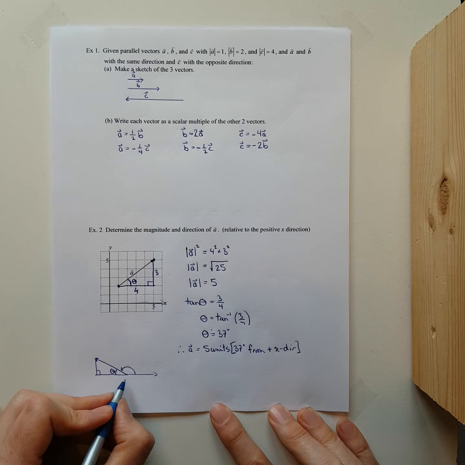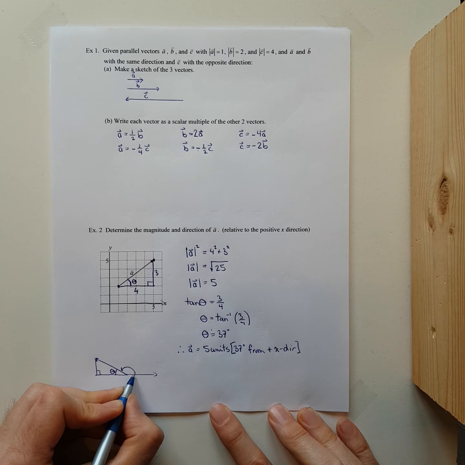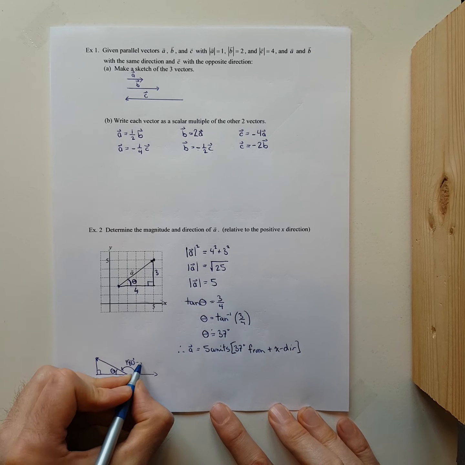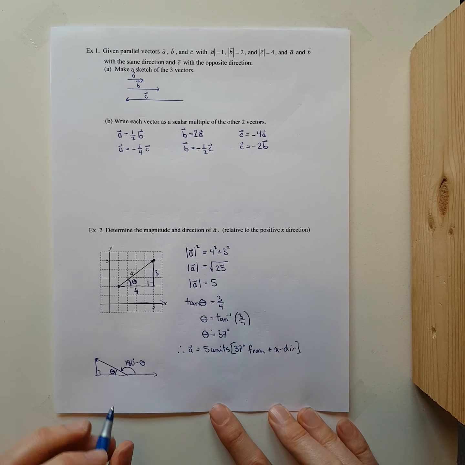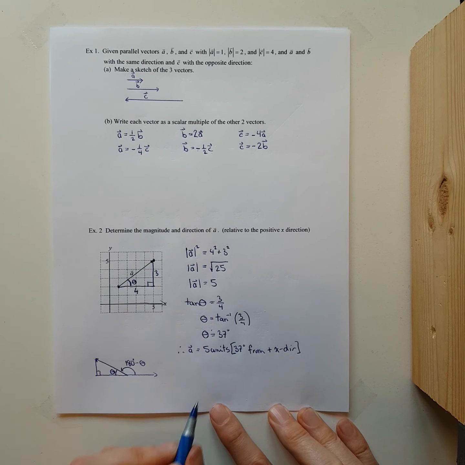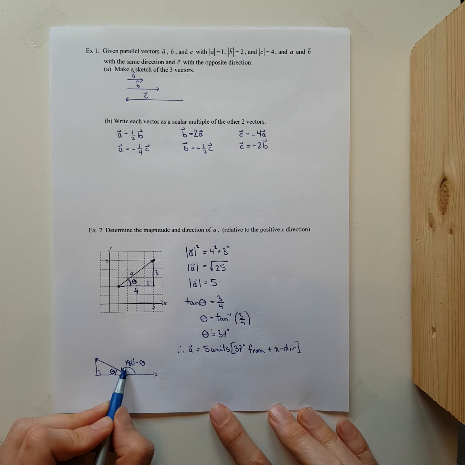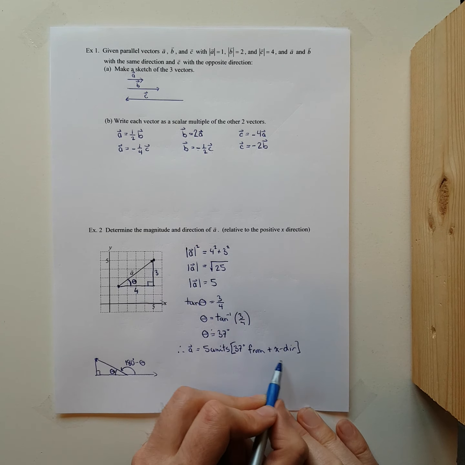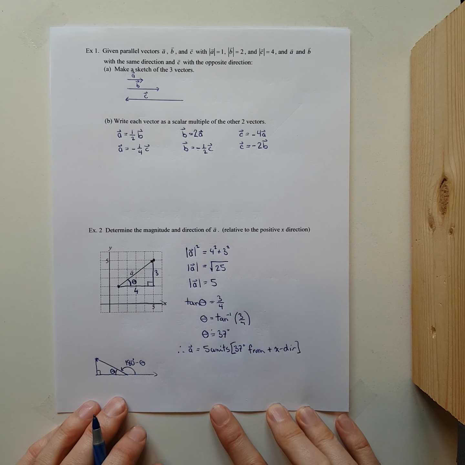So a reminder that if I know how big theta is, then I can get this angle here by doing 180 degrees minus theta. So we can still solve for this the same way we did here. The only difference is now I'm going to use this to figure out that angle that will tell me relative to the positive x direction.